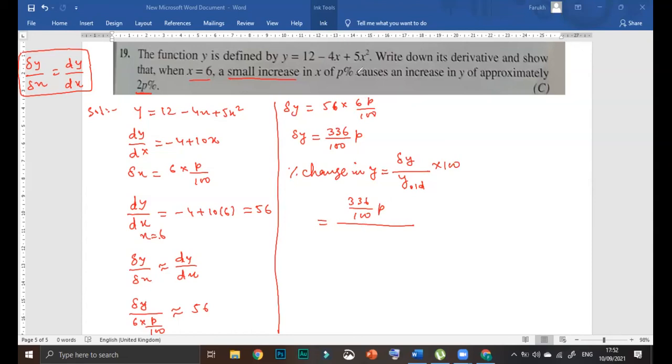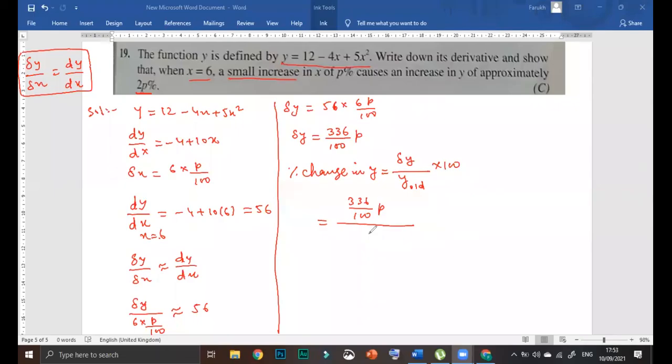What is y old? Put x is equal to 6 into y, 12 minus 4x plus 5x squared, and give me the final answer, please. By putting x is equal to 6 into the curve, we will get 168.